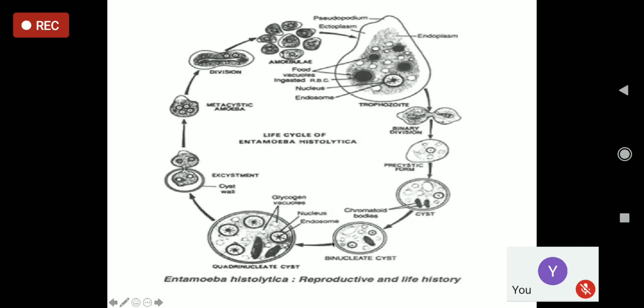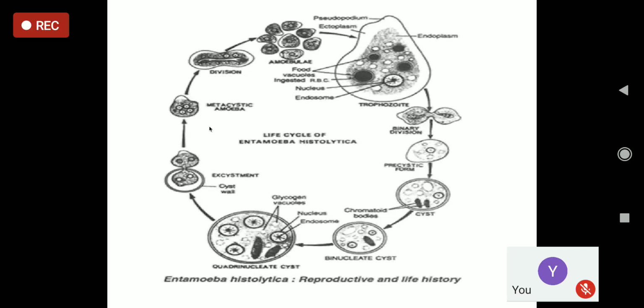So in the soil they undergo further maturation with single nucleus, two nuclei, and then four nuclei, and it becomes quadrinucleated. This quadrinucleated cyst can remain viable for days, and sometimes for months. During that time, we may acquire infection again, and in this way the life cycle continues.